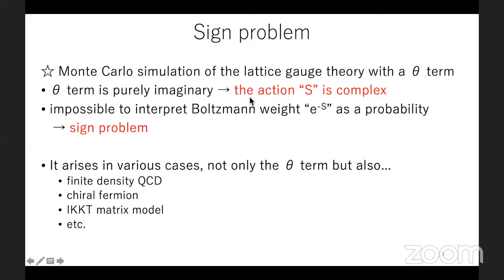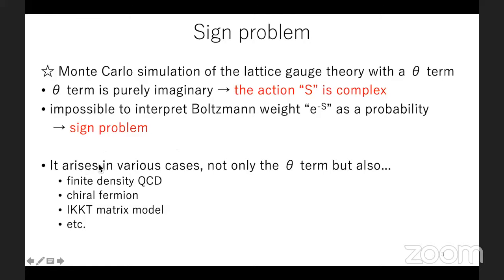It means the total action is complex. So it is impossible to interpret the Boltzmann weight, this factor, as a probability in the Monte Carlo simulation. This is known as the sign problem. It's a very well-known problem in this field.